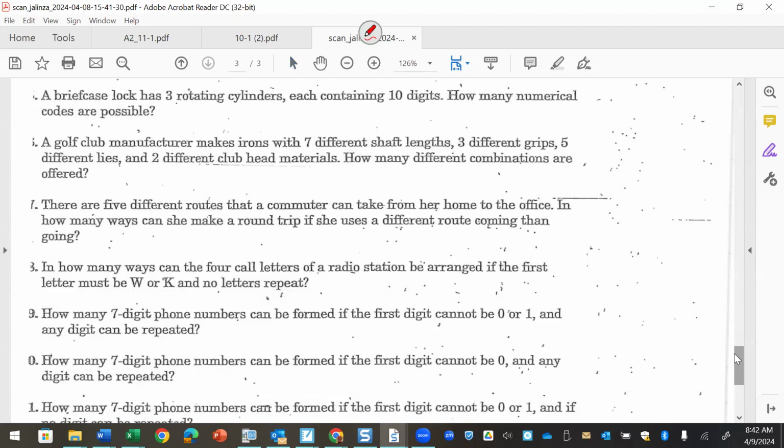Let's do this one. It starts with the briefcase lock has 3 rotating cylinders.